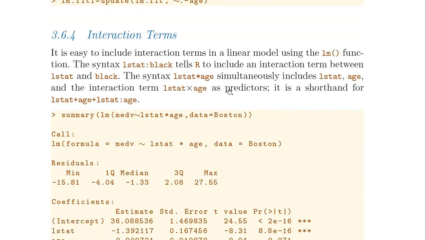Now, interaction terms. This is where, when we go back to the previous sections that we have yet to cover, you wouldn't just want to look at the effect of the variables on a standalone basis, but you would also like to see what impact there is on the response variable when a specific value of a predictor variable is taken along with another value of a second predictor variable.